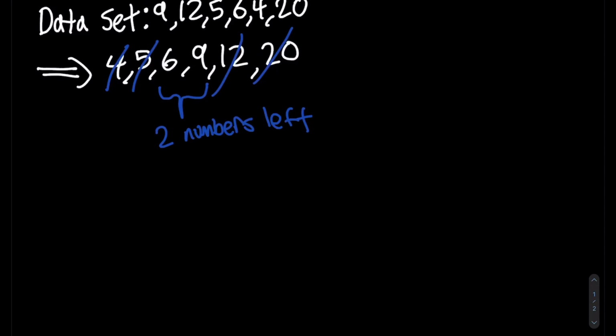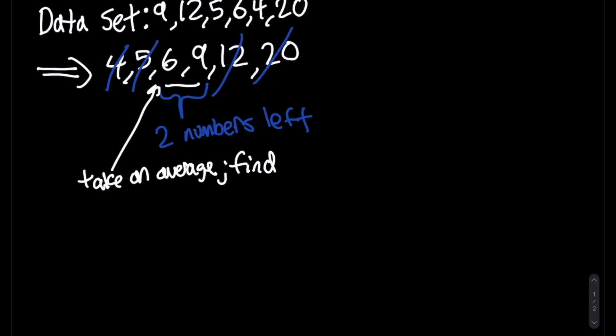Problem is we can't cross out both or else we're left with no numbers. And so in this special case, in a median problem, we'd have to take an average of these 2 numbers. Or, as we've just learned about, find the mean.